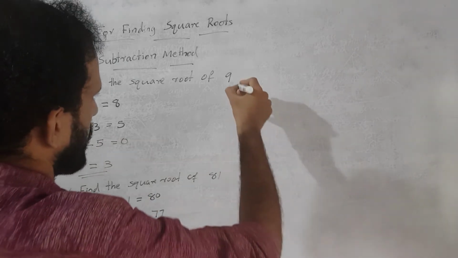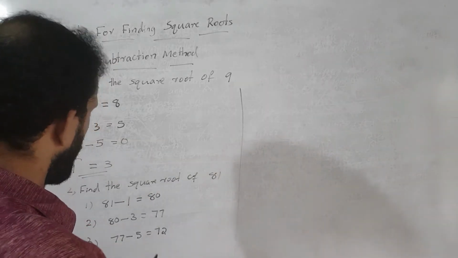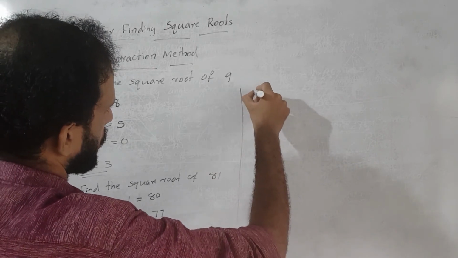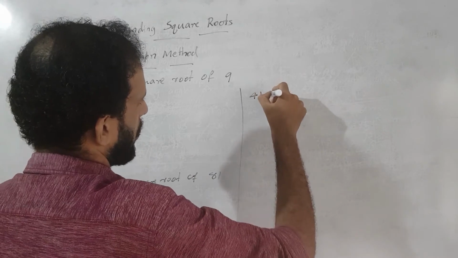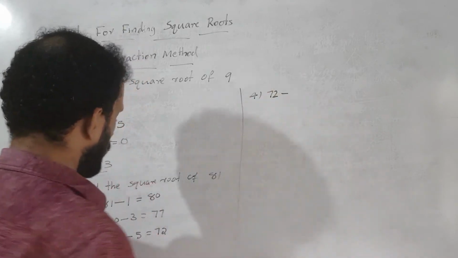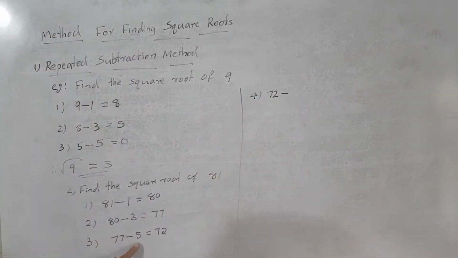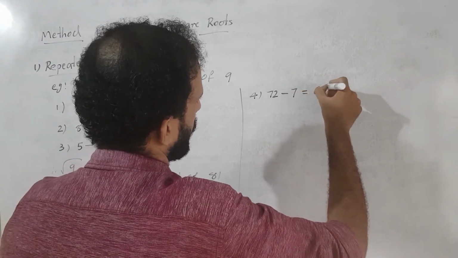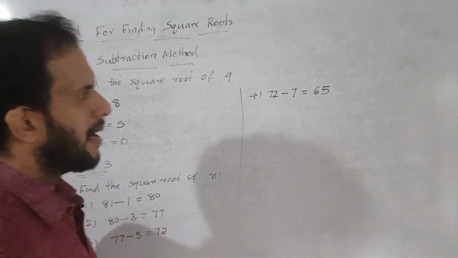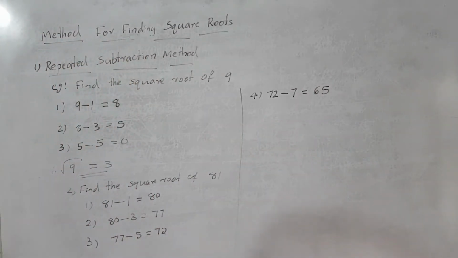Okay. The next, the fourth step, 72 minus, what is the number after 5? That one is 7. 72 minus 7 is equal to 65.